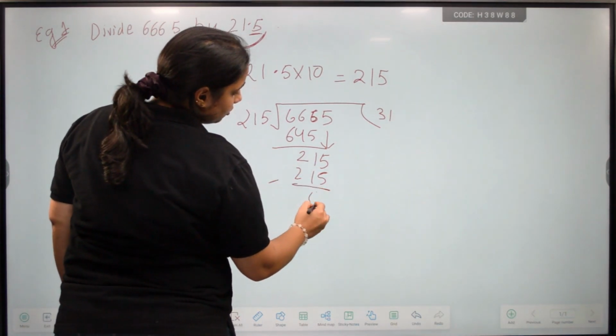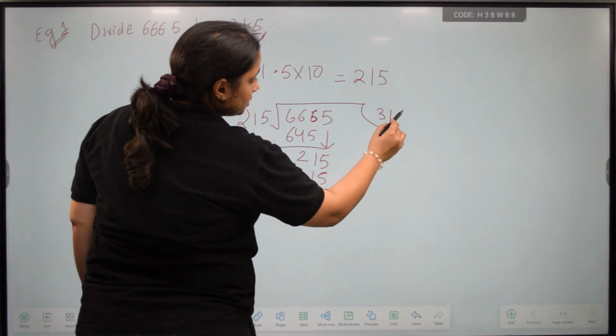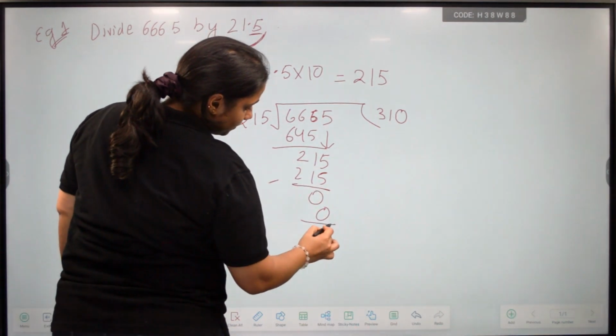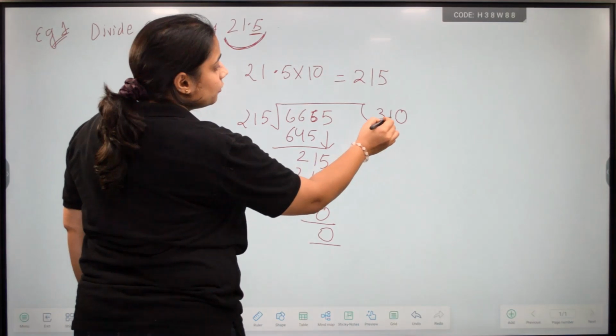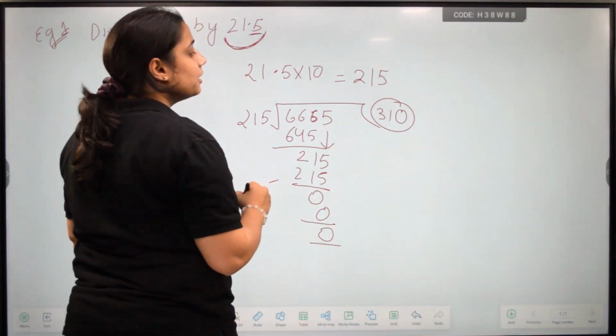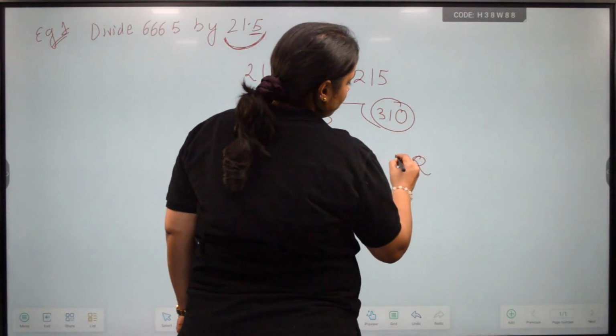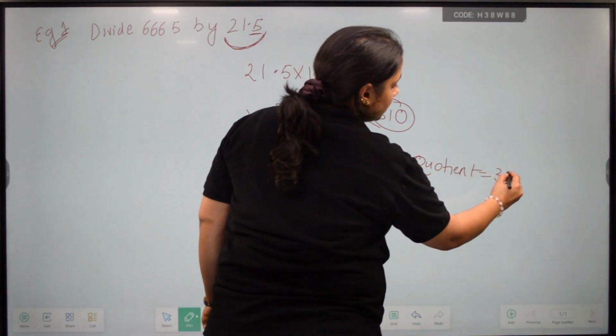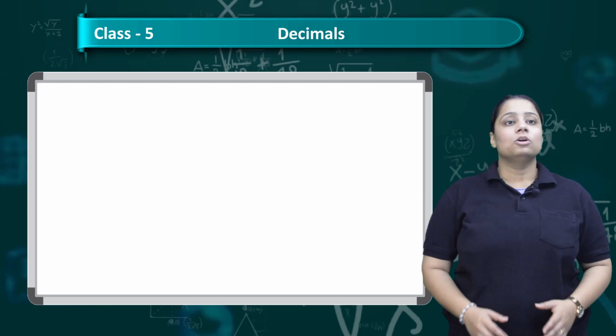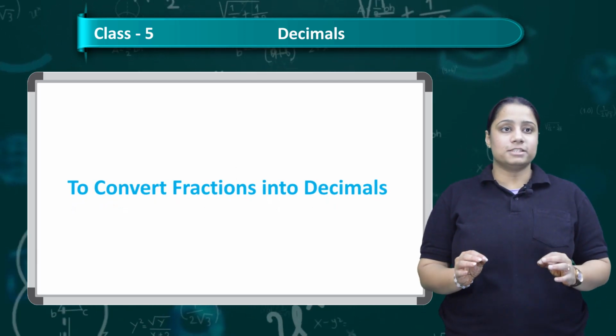After subtracting we got 0. Now again 0 here. Now it has become again 0. So we got 310 in the quotient. Therefore the answer or the quotient is 310.